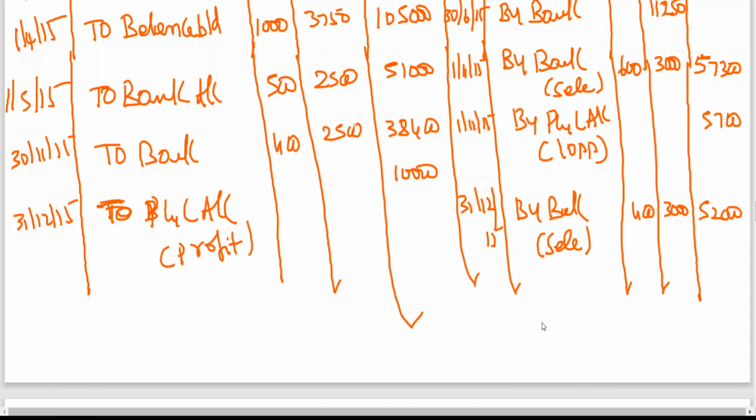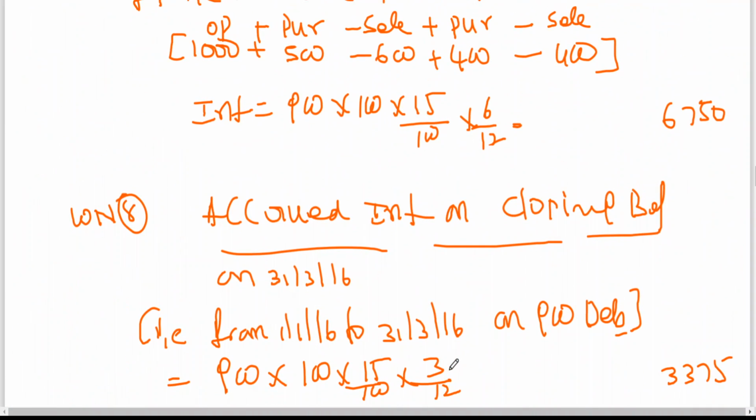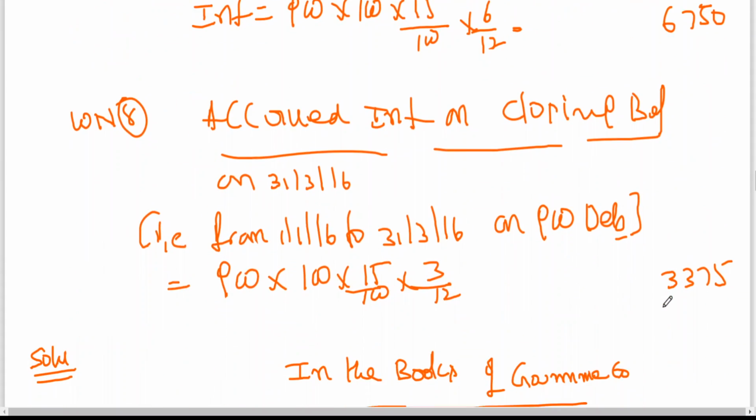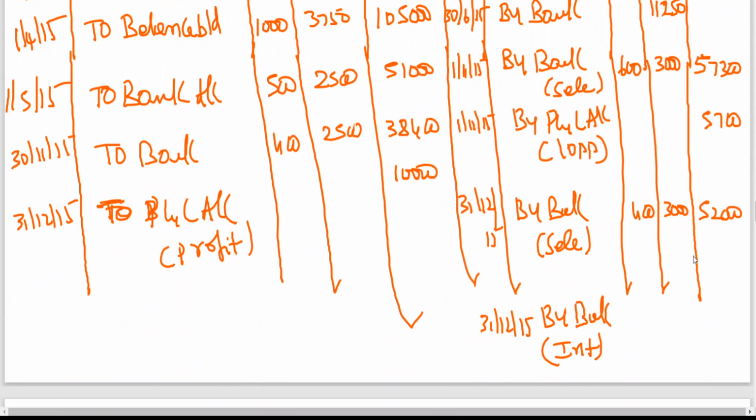Profit on sale is how much? 10,000. And then 31st December 15. Buy bank interest received. We have already calculated. Working notes number 7. What is the interest received? 6,750. Write in income column.